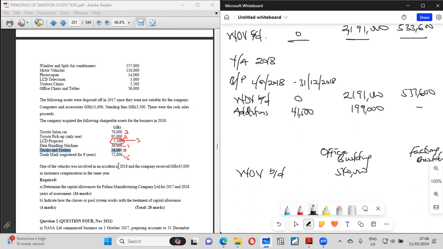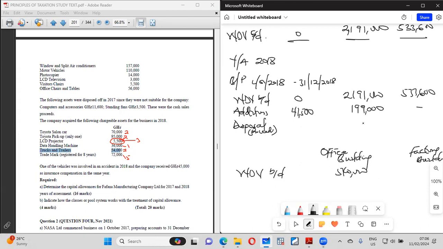It means that we said that if it happens and there is no money received, then it means the consideration is 0. So what we would have done is that disposal. We are not talking about disposal as in the value of the thing that was disposed of, but here it is just the process that we are looking at.